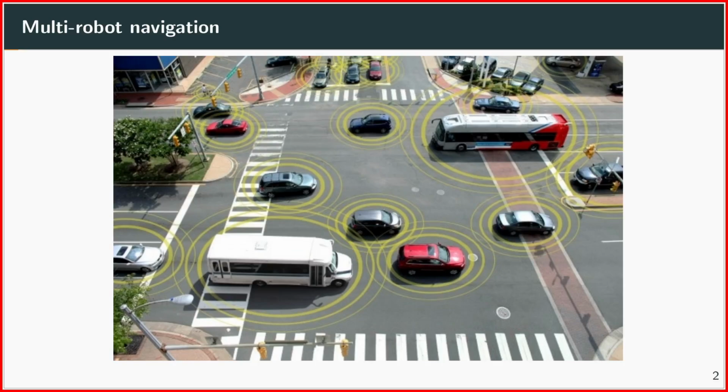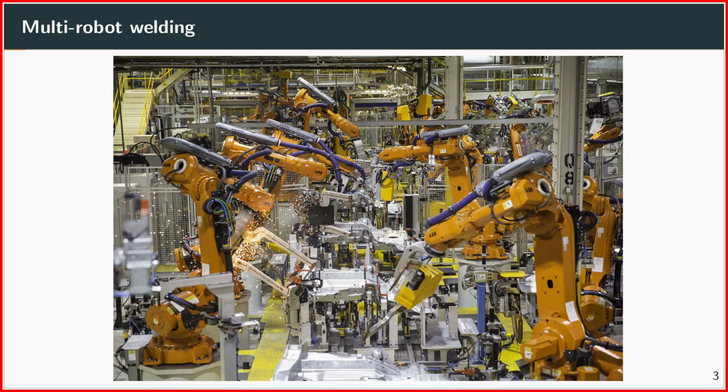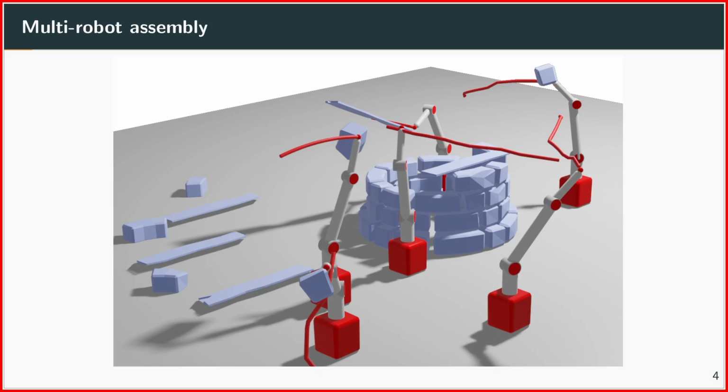So why is that actually important? Of course, if you want to, for example, control a large fleet of cars, then you need to coordinate the movements of the individual cars, and you need to make sure that they're not colliding with each other, so you need some kind of multi-robot navigation. Something similar happens in factories, where you have multiple robots which are simultaneously working on, for example, a workpiece, and those robots should, of course, not collide with each other, but still they should solve the task as efficiently as possible.